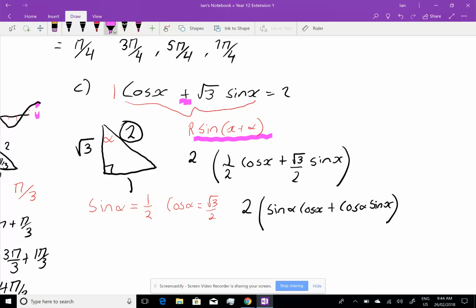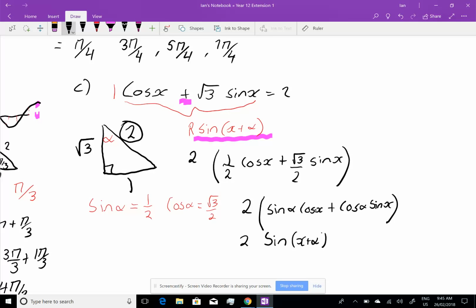Now that's what they'll ask you. R is this number. It ends up being the hypotenuse. And using my formula sheet, that's going to be 2 sine alpha plus x, but addition doesn't matter, so I can rewrite that as x plus alpha.